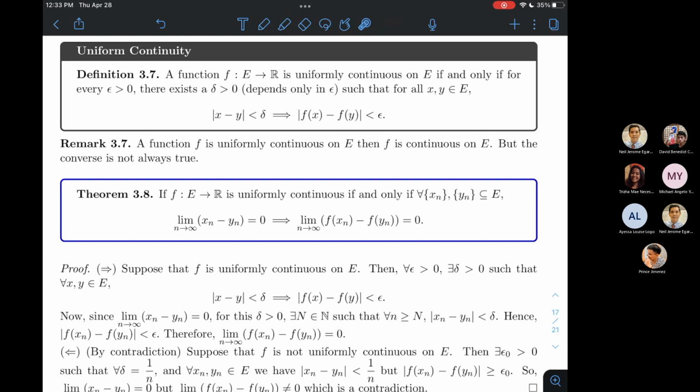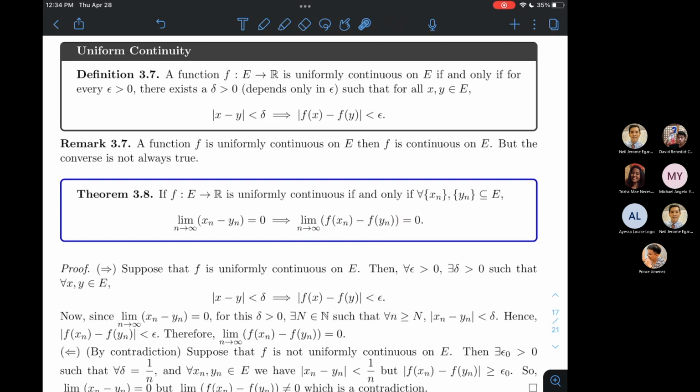So, Theorem 3.8 tells us that a function f will be uniformly continuous on a set E if and only if for any two sequences in the domain, all right, the convergence of the sequence xn minus yn to 0 implies the convergence of the sequence of the differences of function values to 0.